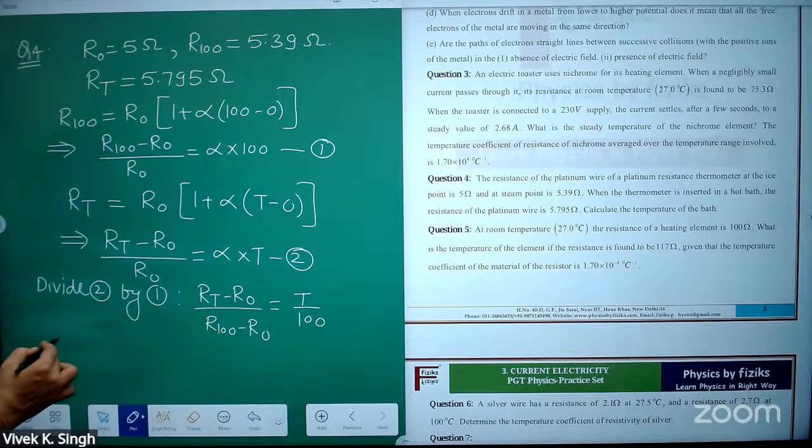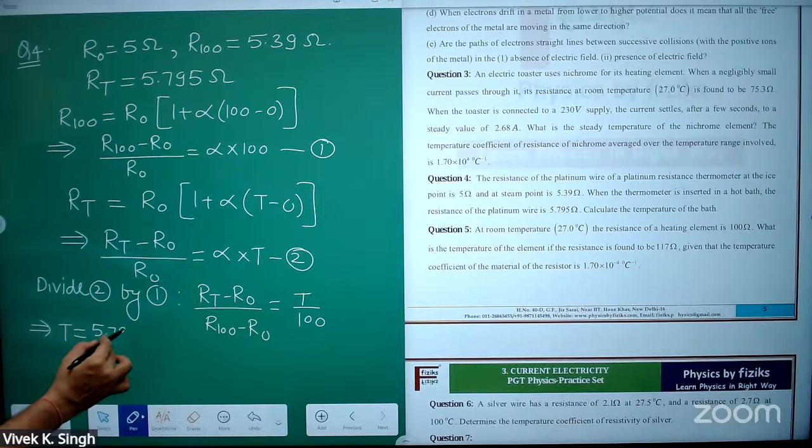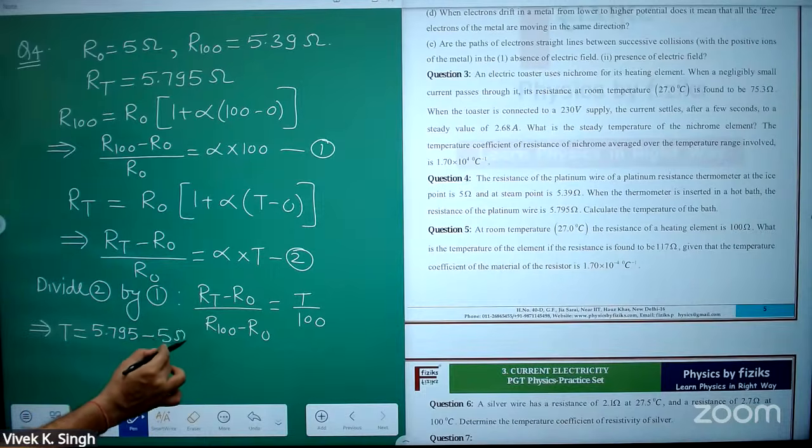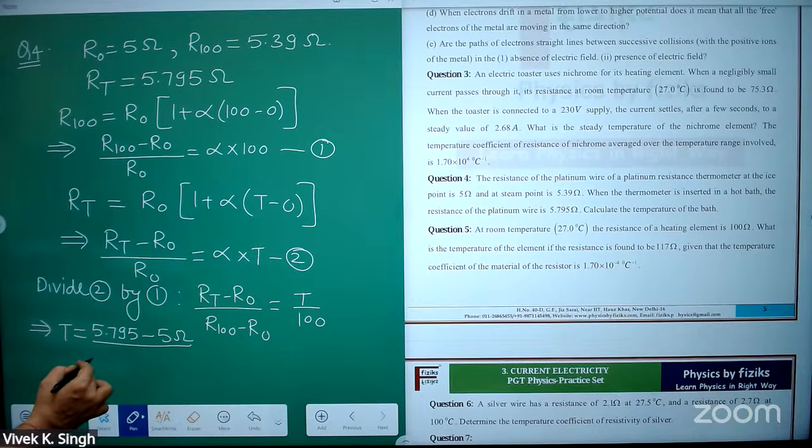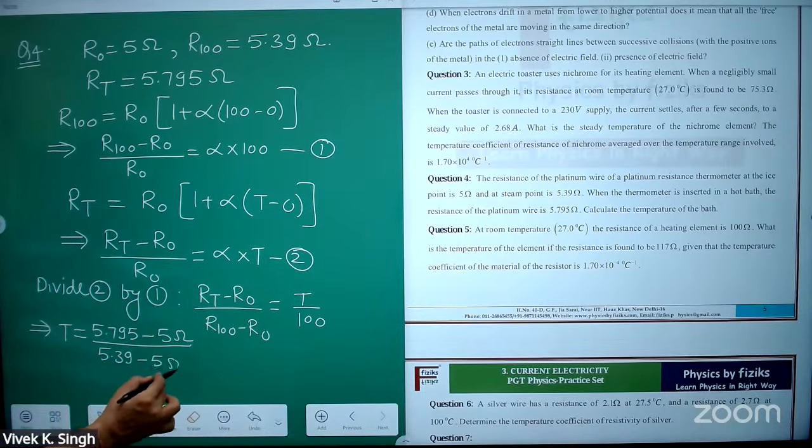So T you will get: RT is given as 5.795, R0 is 5 ohm, R100 is 5.39, so 5.39 minus 5 ohm, into 100.